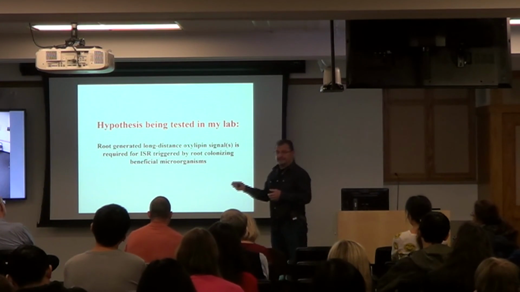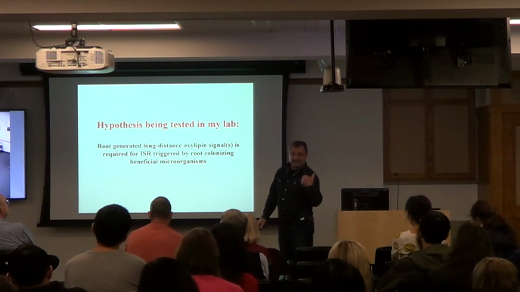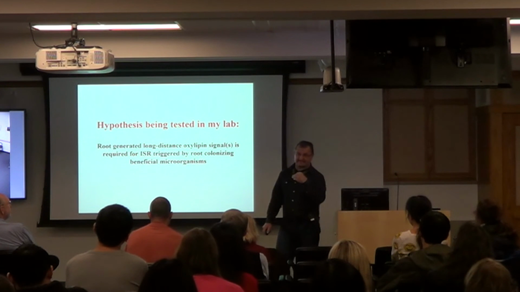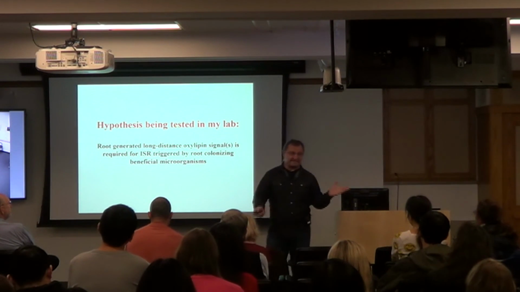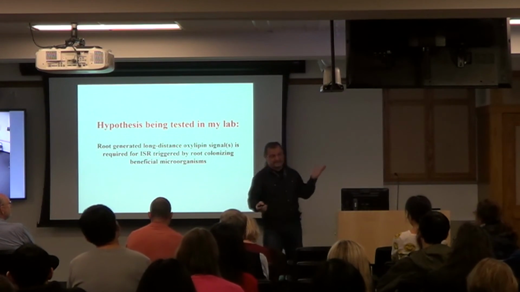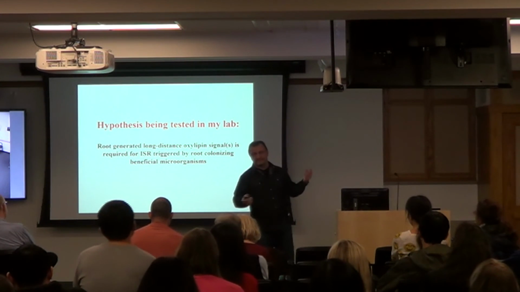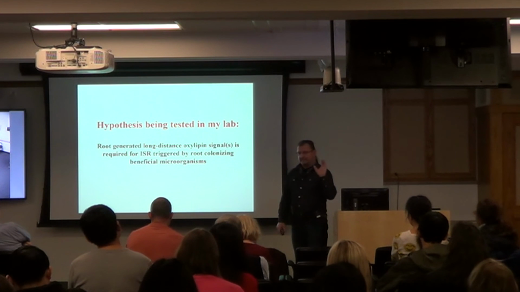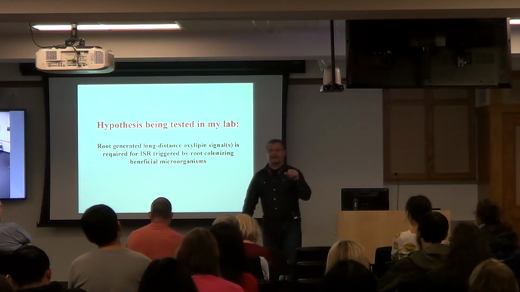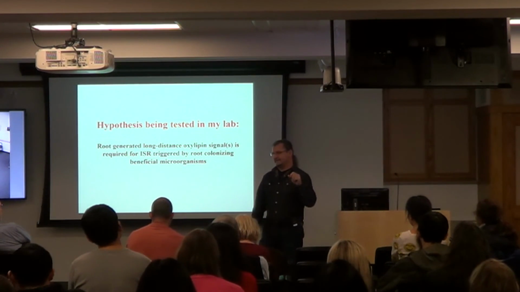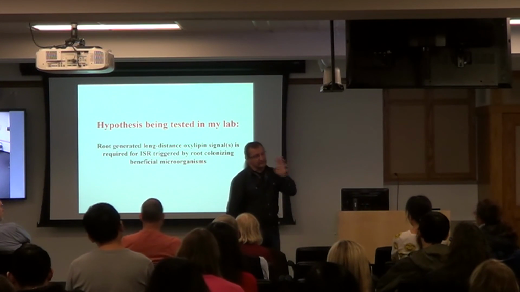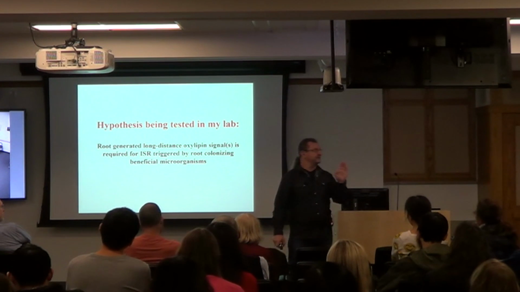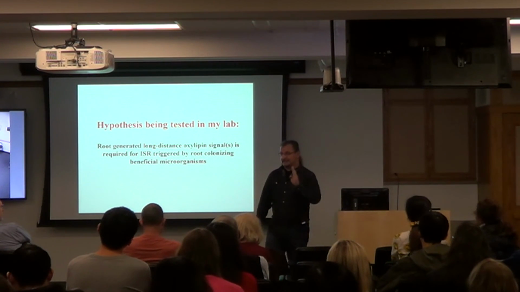So we are now funded by USDA to identify these long distance signals. And we are utilizing the xylem sap that we can collect massively, and we are profiling oxylipins, hormones, and other metabolites. We already have several candidates that need to be tested. And those candidates, by the way, are not jasmonic acid. It's totally against the grain, because jasmonic acid is believed to be required for ISR in diploid species, not in maize.